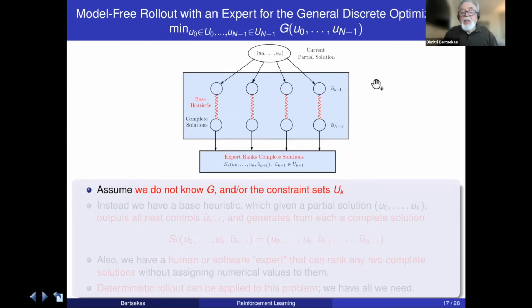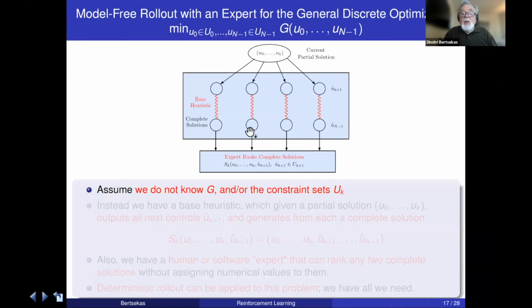What we assume instead is that even though we don't have a mathematical model, we have a computer model that will do all the work that's necessary to apply rollout. In particular, in rollout, what we need to do is generate all the possible next controls that satisfy the constraints, and then run a base heuristic from each one up to the final choice of U tilde n minus 1.